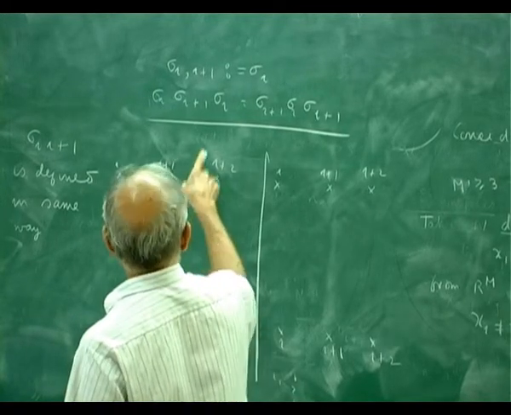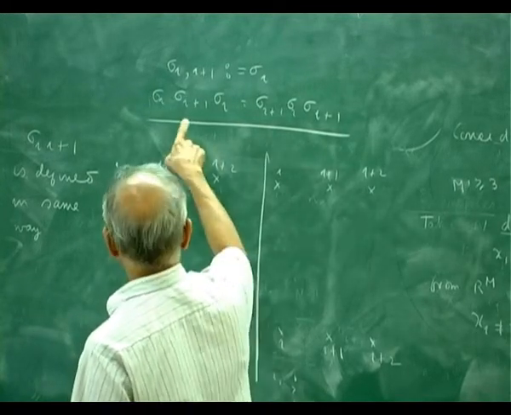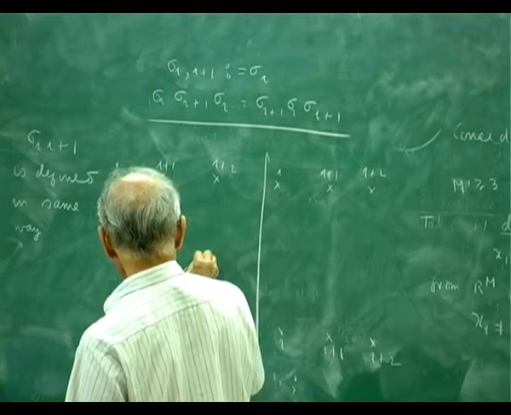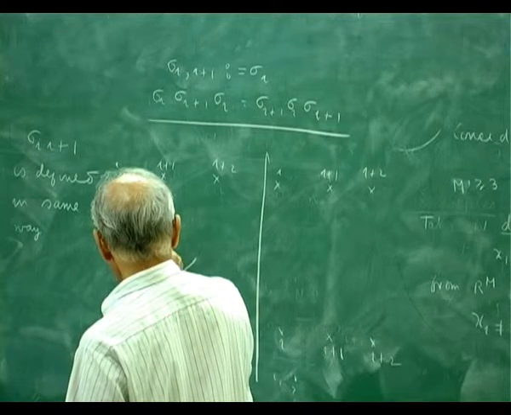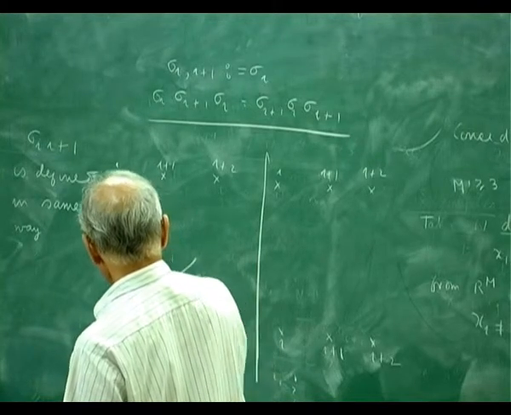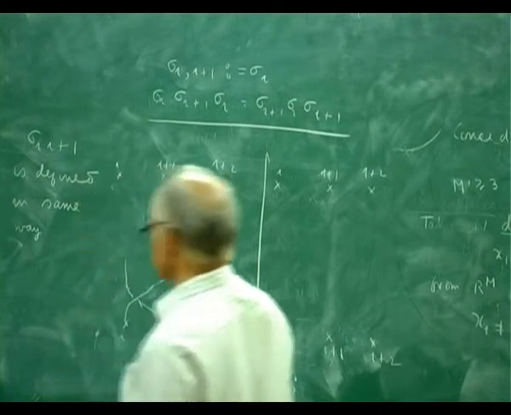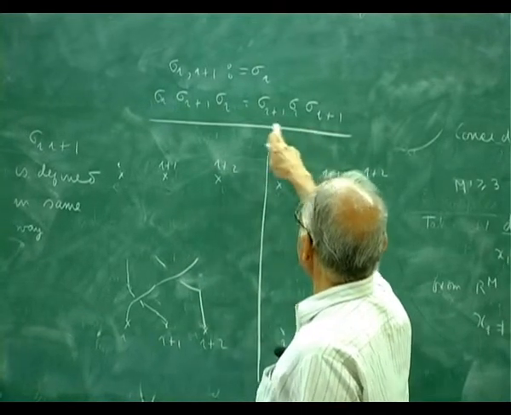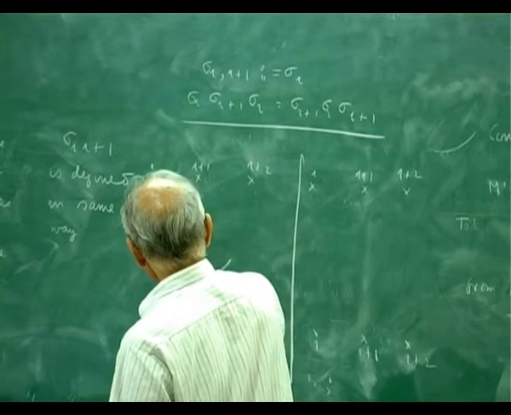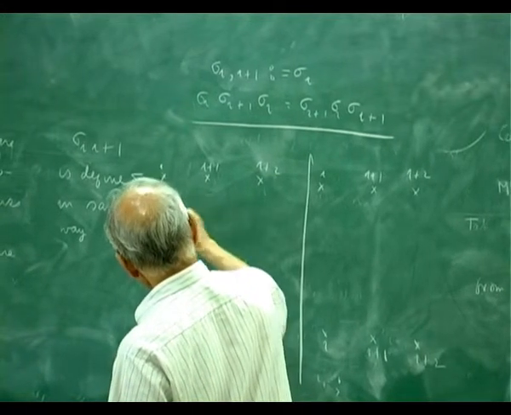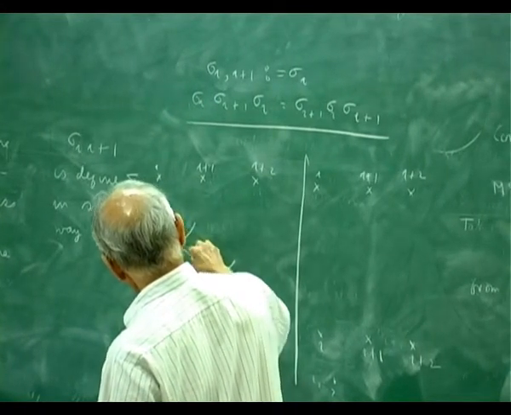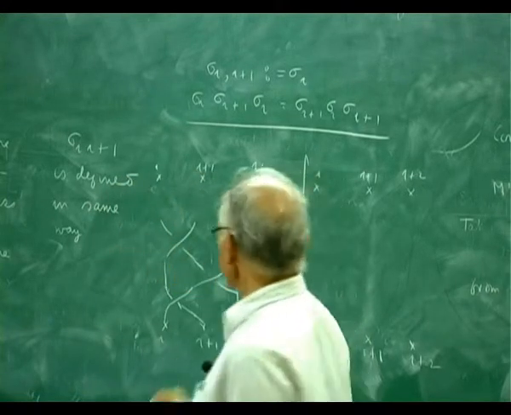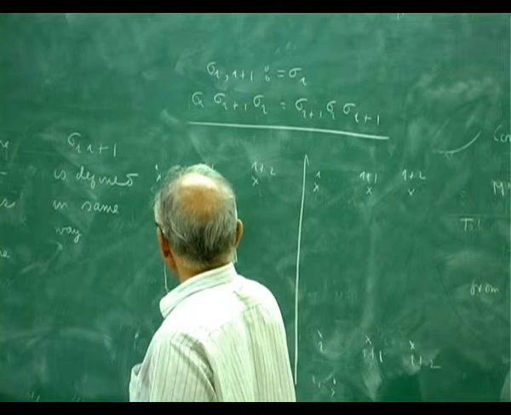Next step is sigma I plus 1. So this goes over, this goes underneath here. Then again sigma I, this goes over, this goes underneath, and this goes here, and this is my closed loop.